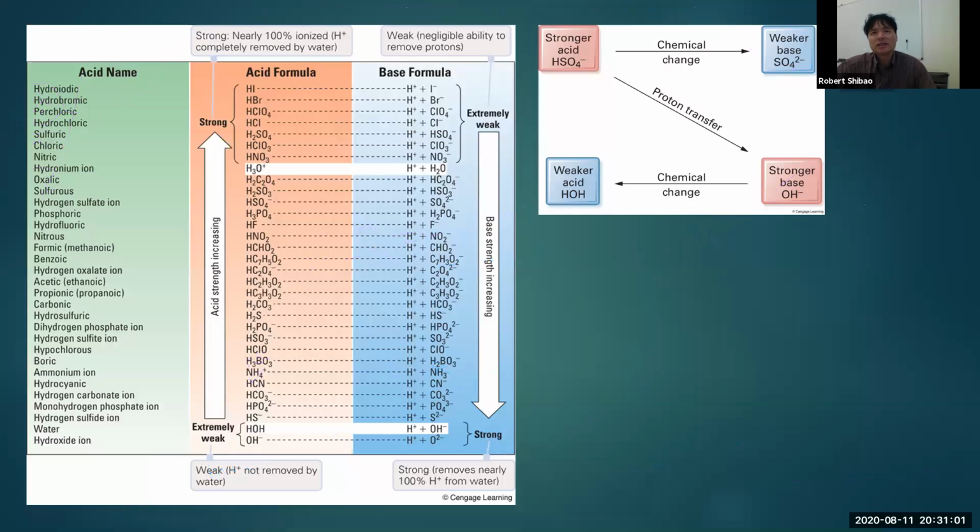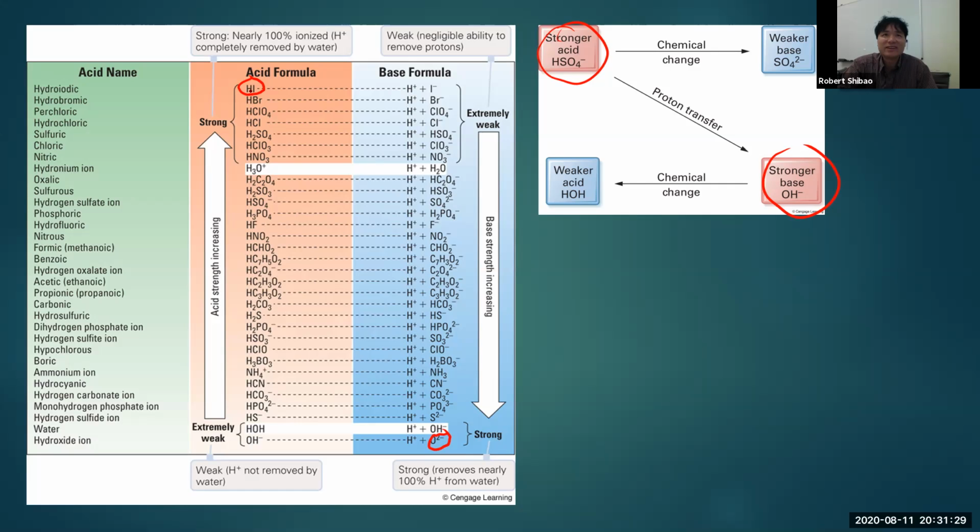Well, how steep of a hill is it going to be? How steep of a hill it's going to be depends on what our starting acid is and what our base is. If our starting acid's strong, like HI, and our starting base is strong, like oxide, then this is a pretty steep hill right here.